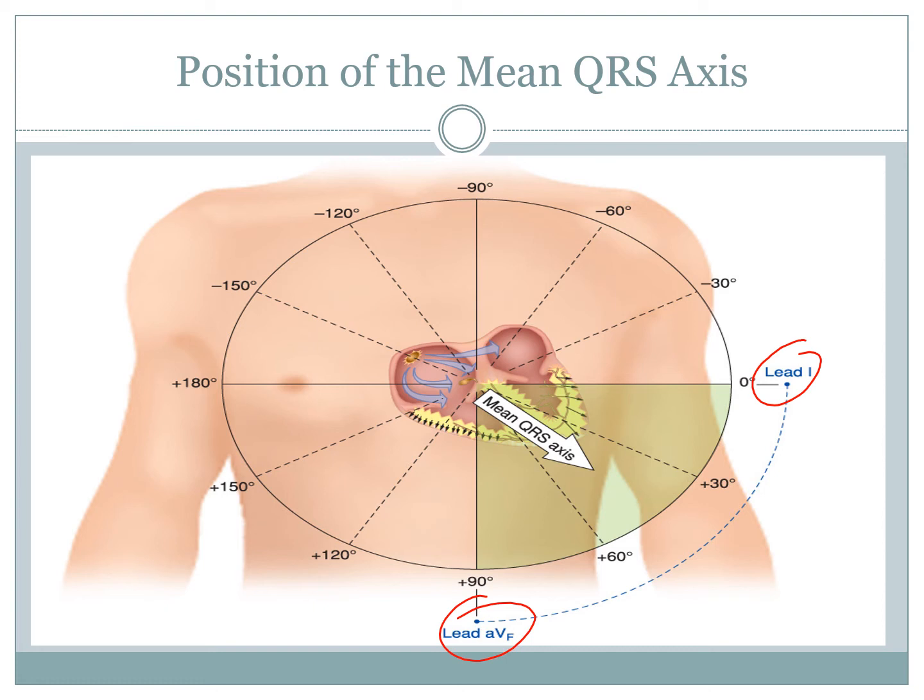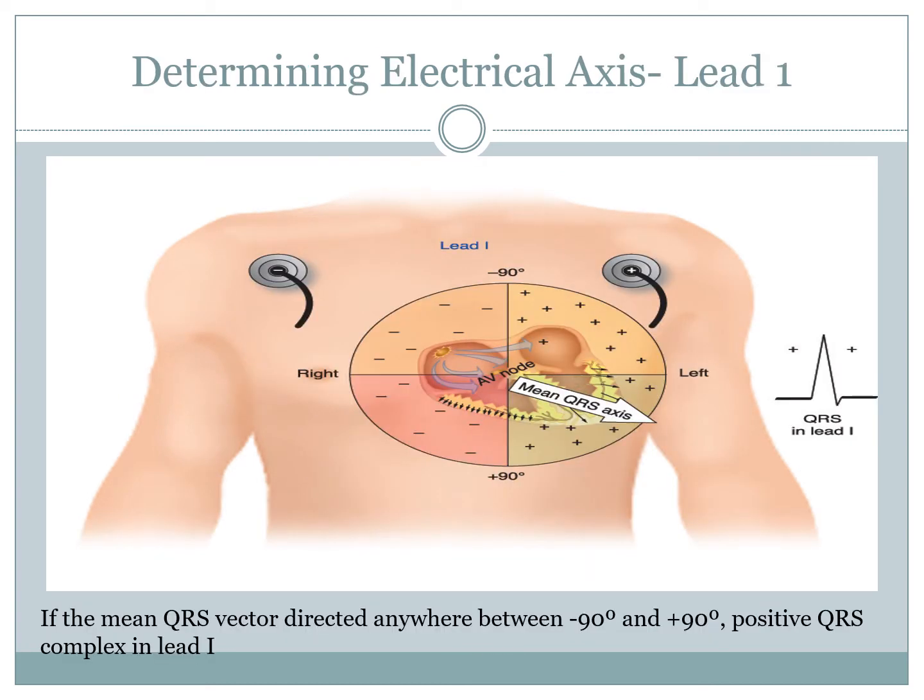So just breaking that down a little bit further so we can understand, if we are determining an axis and we only get to look at one lead, so if we look at just lead 1, and if lead 1 is positive, then what that means is the axis is somewhere between negative 90 and positive 90.